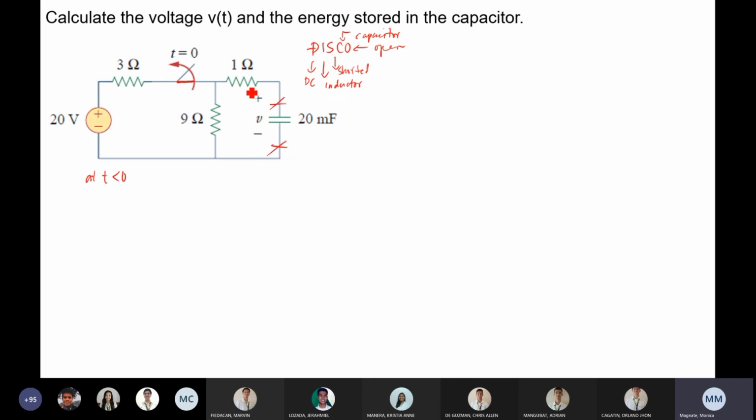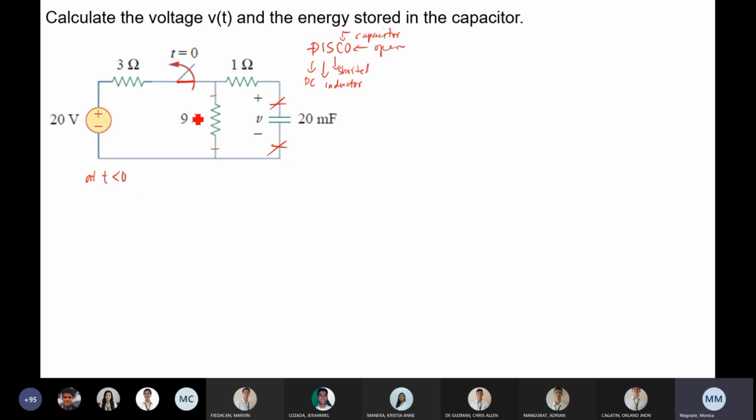So, kung naka-open ito, yung 1 ohm natin dito parang naka-hang lang siya, 'di ba? So, hindi na natin ko-consider itong 1 ohm. So, kukunin muna natin yung voltage kay 9 ohm kasi parallel siya dito kay capacitor, 'di ba? So, pwede natin sabihin na kung ano yung voltage kay 9 ohm, siya yung magiging initial na voltage ni capacitor.